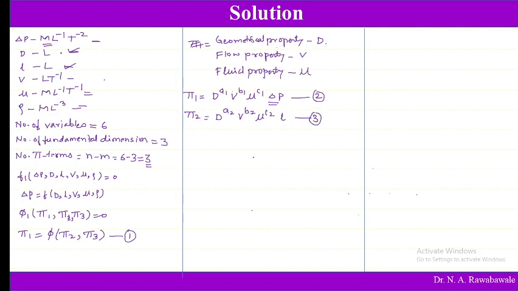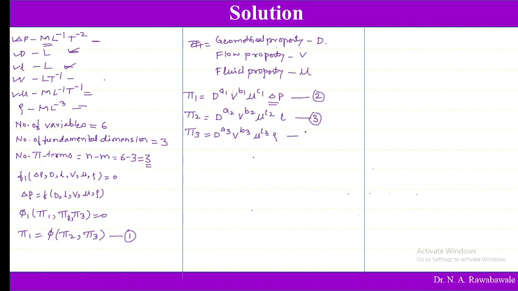So already D, V and mu are repeating variables. First we selected delta P, second we selected L, now left is rho. So in pi 3 term, D to the power of a3, V to the power of b3, mu to the power of c3 and rho.